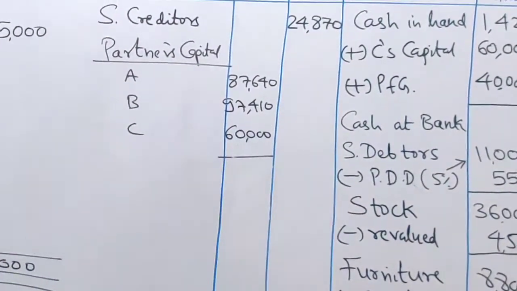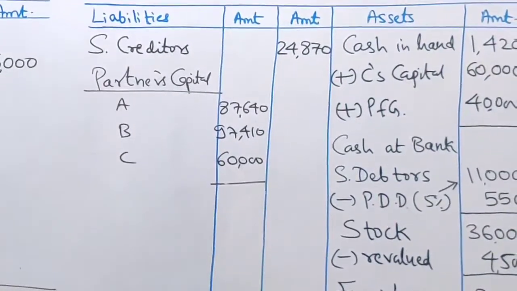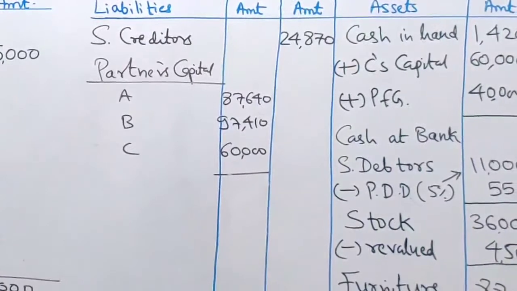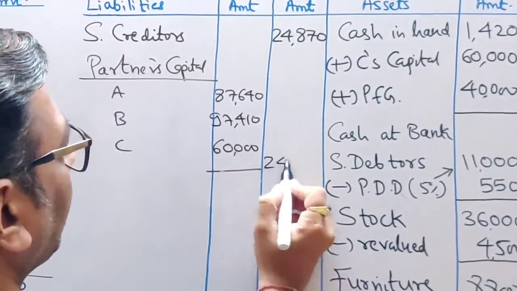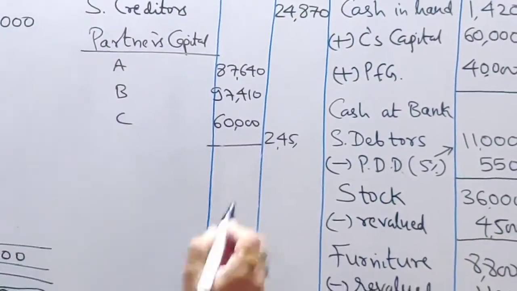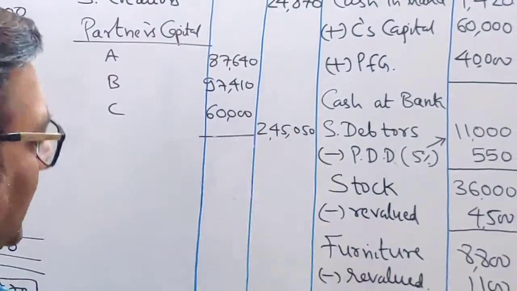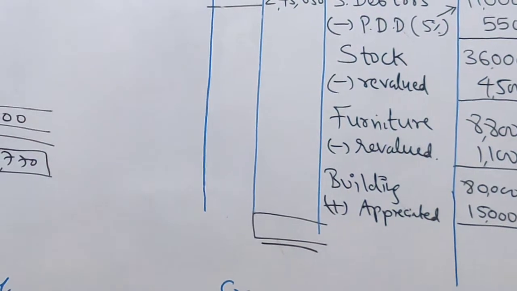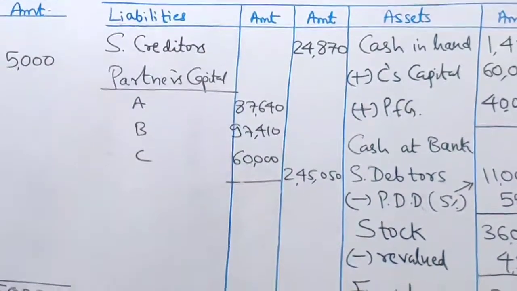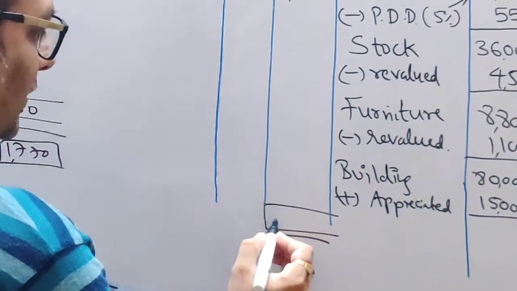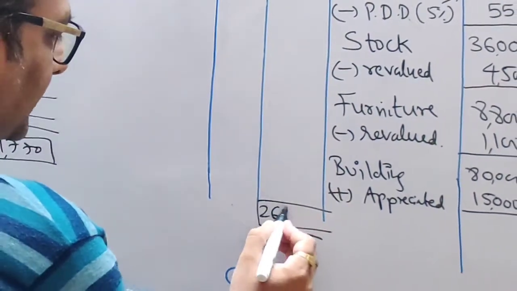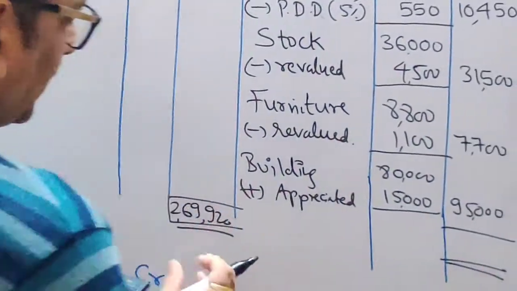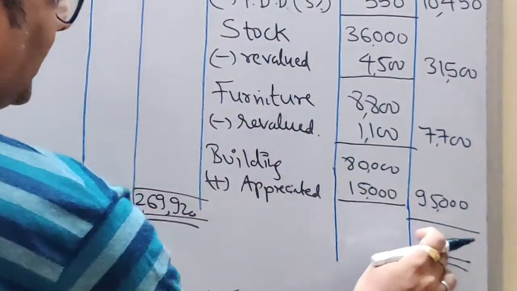Now you add all three amounts and write it in the outer column. 2,45,050. And also take the total of your liability side. 24,870. So the total of the balance sheet liability side is 269,920.